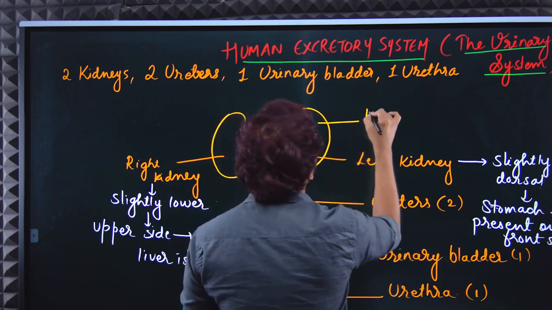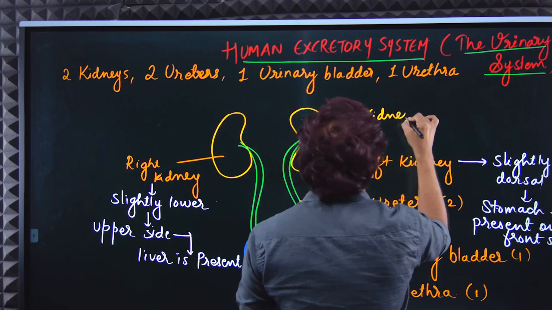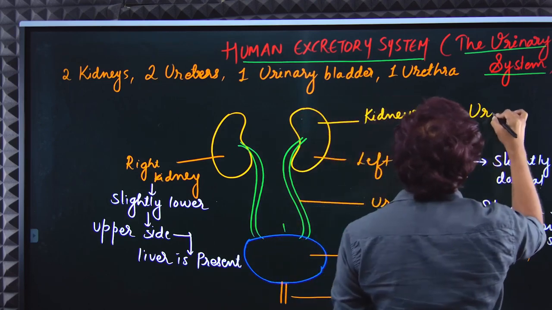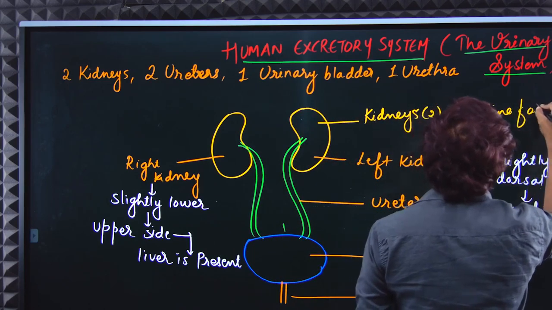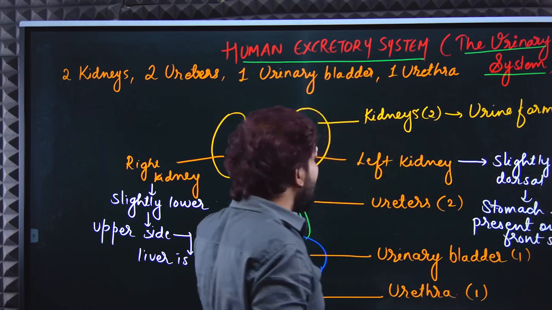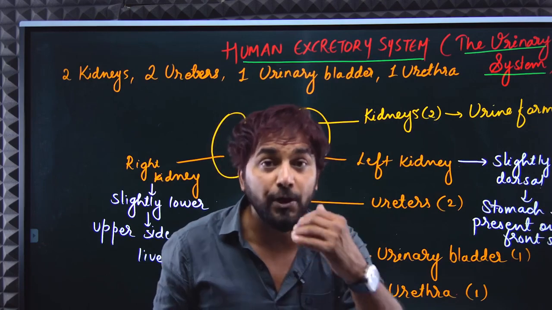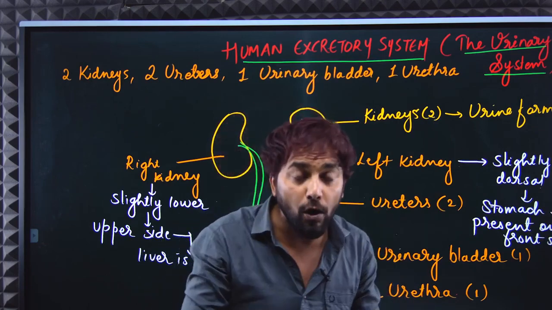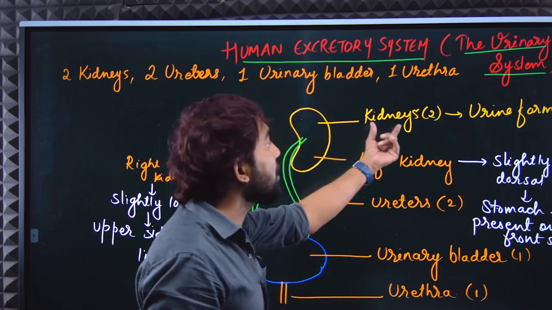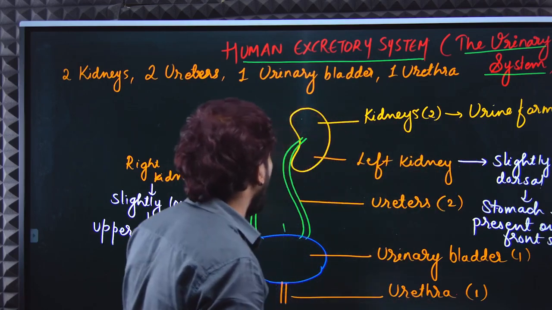Kidney's function is urine formation. Every single nephron will form the urine, and as a whole the entire kidney is going to form the urine.